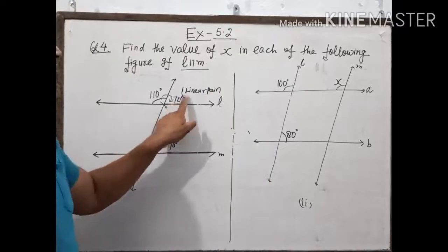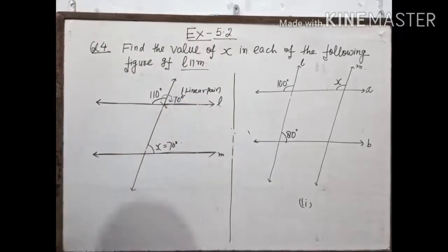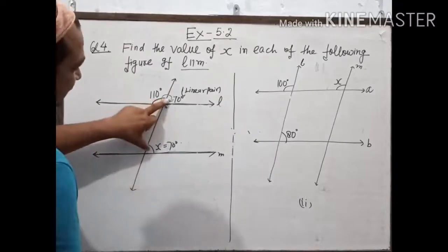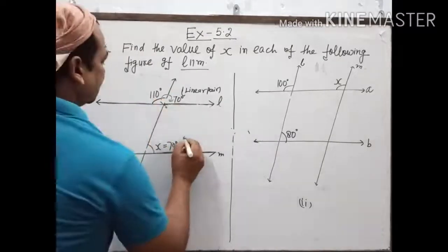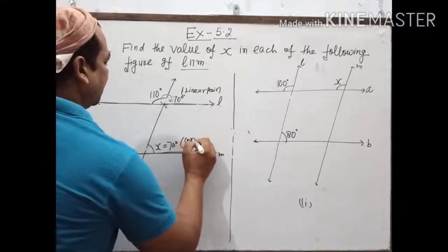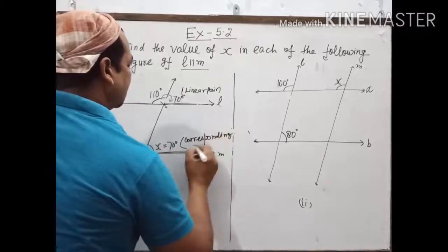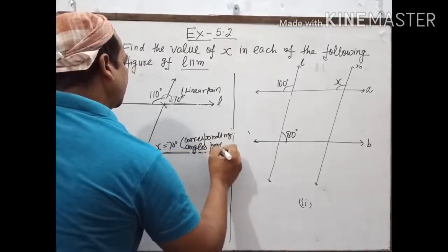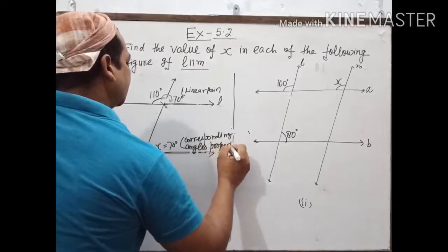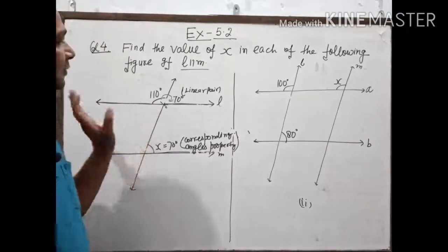Here this is 70, we write linear pair, then these two angles are corresponding angles, so we write the corresponding angles property. This is the other way to solve this question.